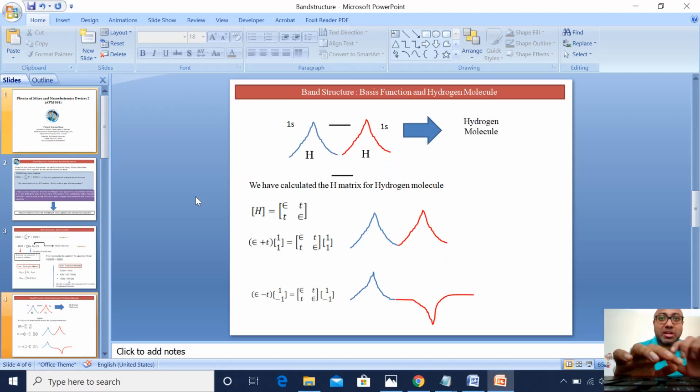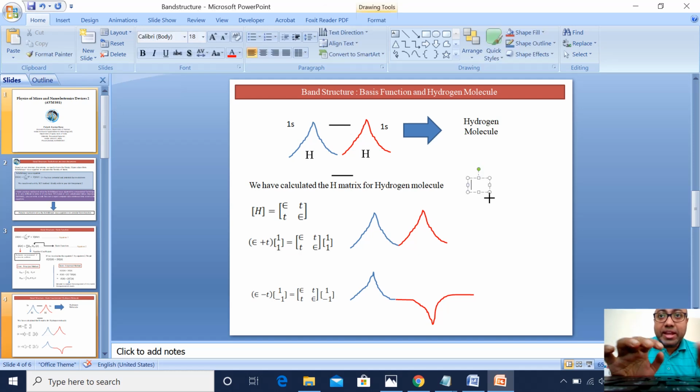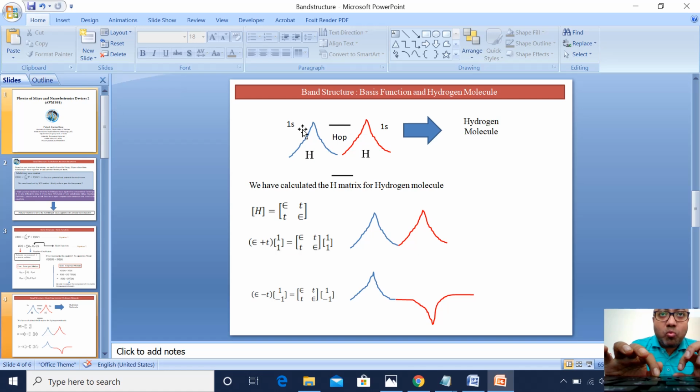What I'm trying to tell you is that you are actually working with the H operator, no? So you have one wave function here, another wave function here, and you are working with the H operator. Now, the first component of the H matrix is called H11.